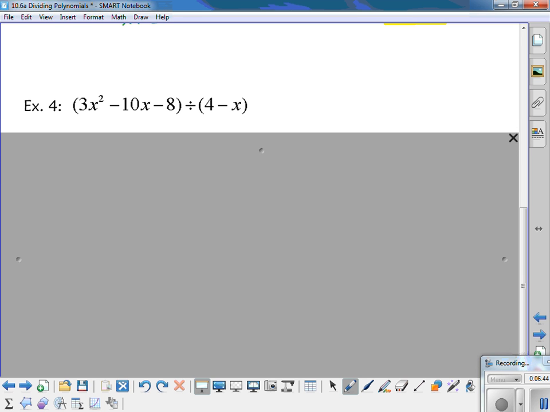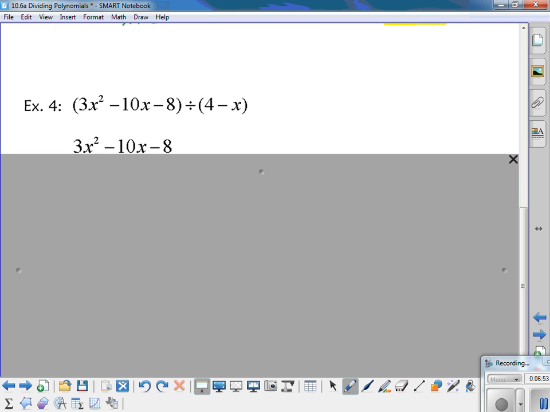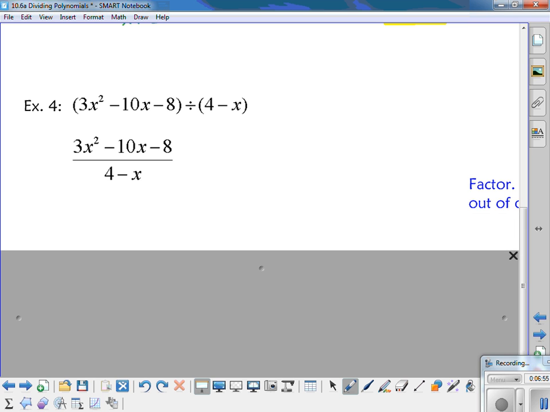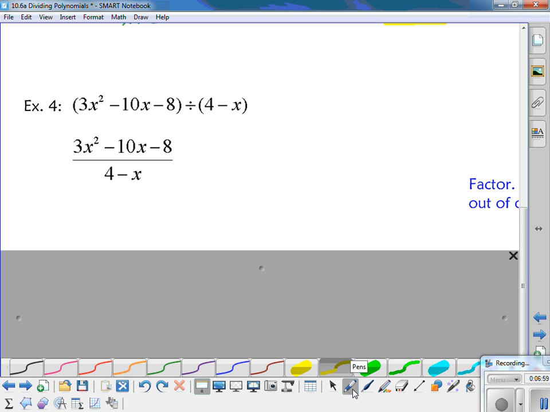All right, so we've got 3x squared minus 10x minus 8, and it's divided by 4 minus x. Okay, and so then I have it rewritten as a fraction, and I'll go ahead and start factoring the top.